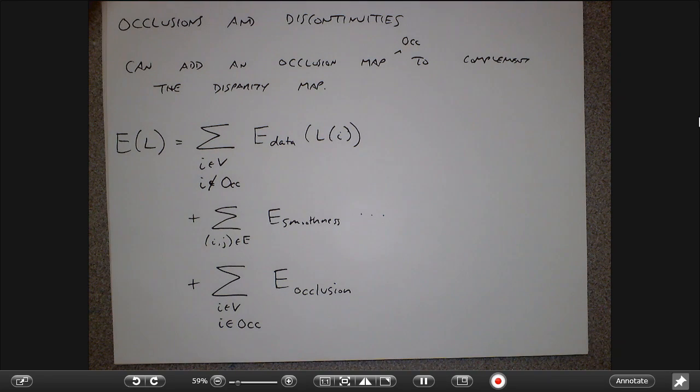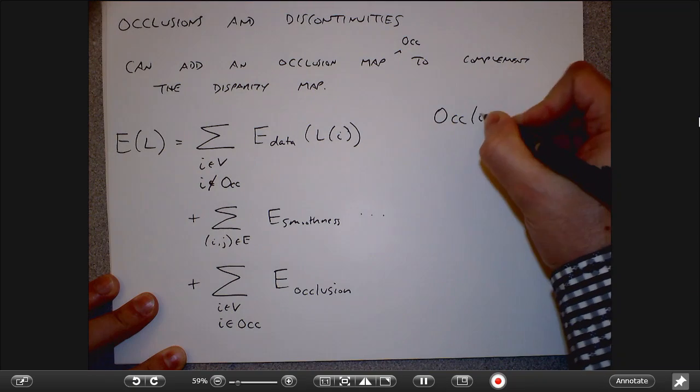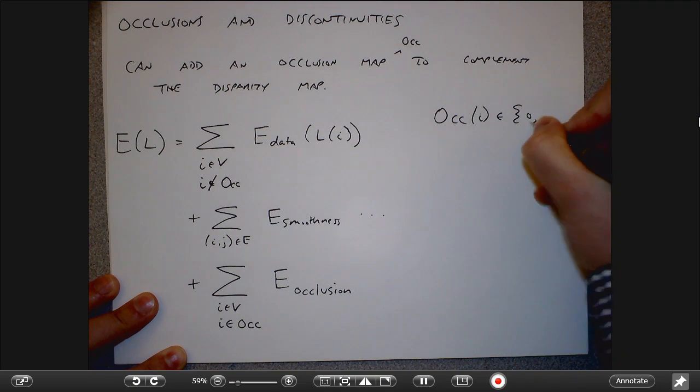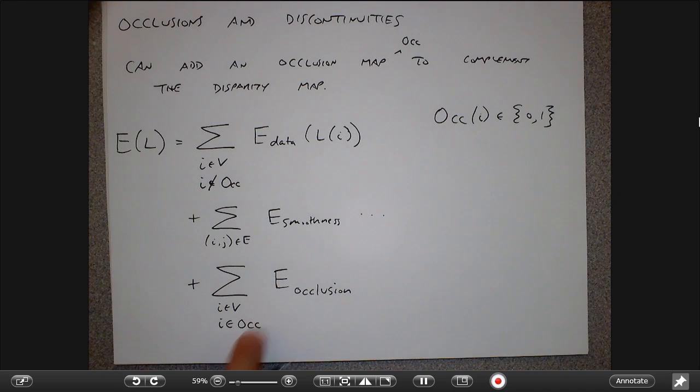So now my occlusion map at pixel i is either 0 or 1, and I don't compute disparities for places where I am occluded. Instead, I add a penalty to my overall cost function that says, I'll let you be occluded, but you're going to pay a price for that.